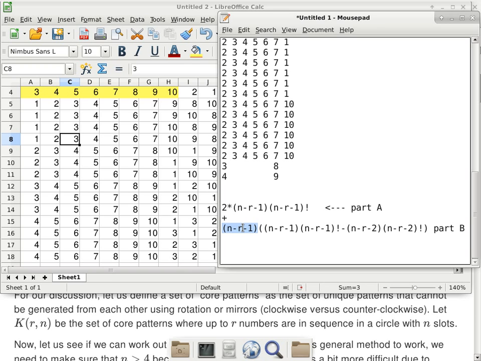Correct. That's why you only start with the case where r is greater than n divided by 2. Because when r is less than or equal to n divided by 2, then you end up with those problems. And I don't want you guys to deal with that. Yeah, that was the biggest headache for me.